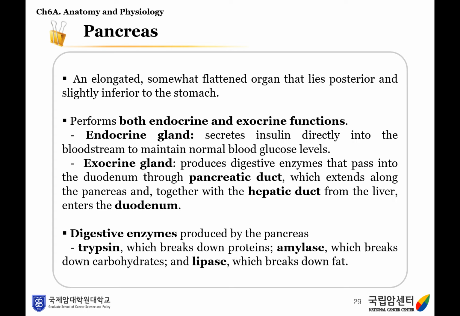Endocrine means the glands don't use a duct for the secretion. And the exocrine gland produces digestive enzymes that pass into the duodenum through the pancreatic duct, which extends along the pancreas and, together with the hepatic duct from the liver, enters the duodenum.